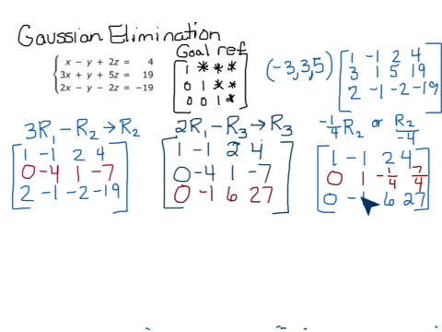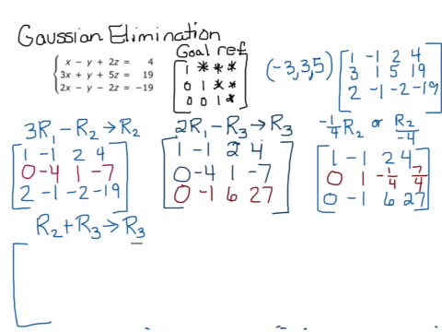And what we notice, if we look at row 2 and row 3, if I add these two rows together, that number will cancel out. So we can do row 2 plus row 3 and store that answer in row 3.